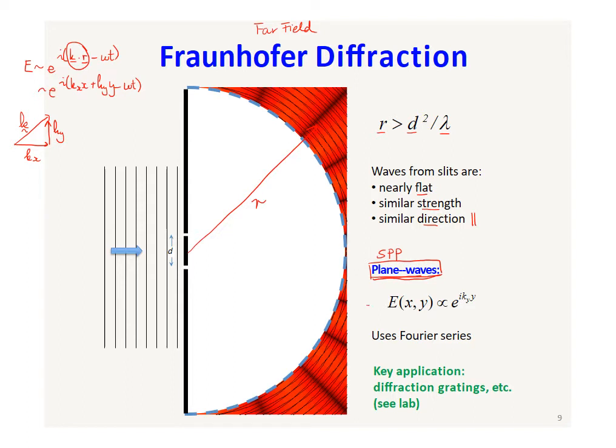So that is where this term comes from, why I want you to see that the electric field is proportional to e to the i ky. And the reason I want you to notice that is because when we're working out the electric field, we are summing these terms. And if you didn't already get the hint when I said we're going to be summing plane waves, I hope that you get the hint when I say we're going to be summing these e to the i ky terms. What we are doing is a Fourier series.